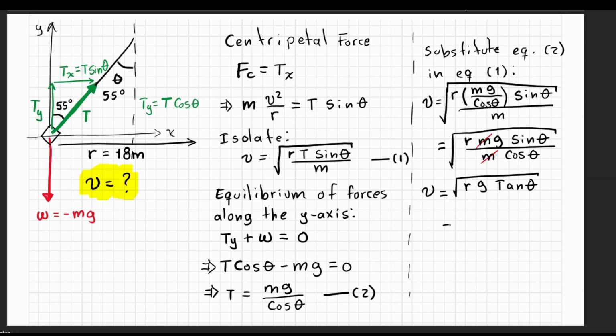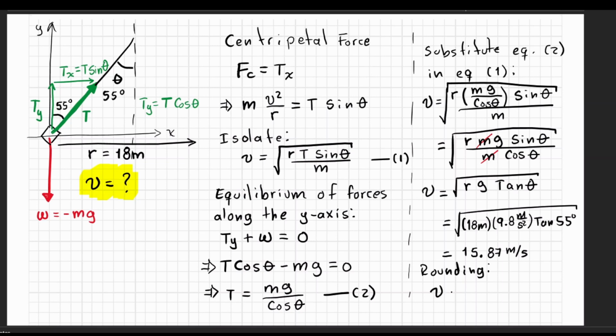We know these values, so the radius of the trajectory is 18, g is 9.8, and the tangent of 55 degrees. After doing these calculations, we get 15.87 units of velocity, meters per second, and we will round to two significant figures because that is the number of sig figs in the quantities given in the problem, so we will round to 16 meters per second.